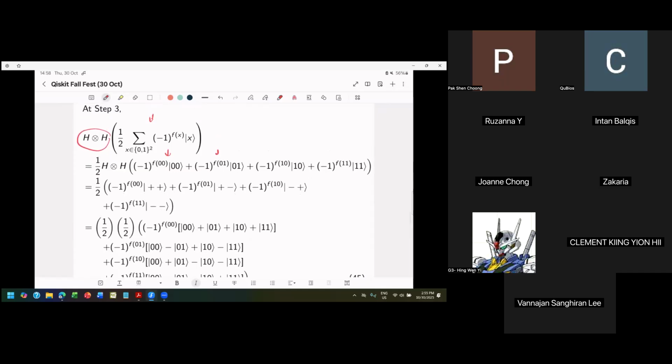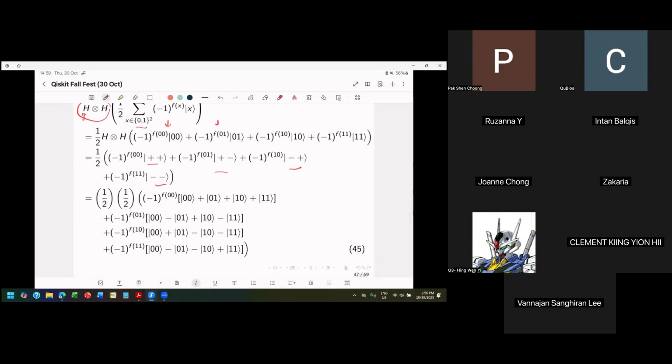I will probably not go through all the expansion, because basically over here, you just try to expand the summation whereby your x can be 0, 0, 0, 1, 1, 0, and 1, 1. After the expansion, you apply the Hadamard gate on the first qubit and the second qubit. So you get plus plus, plus minus, minus plus, and minus minus. And then you expand again the plus and minus into either 0 plus 1 divided by square root 2 or 0 minus 1 divided by square root 2.